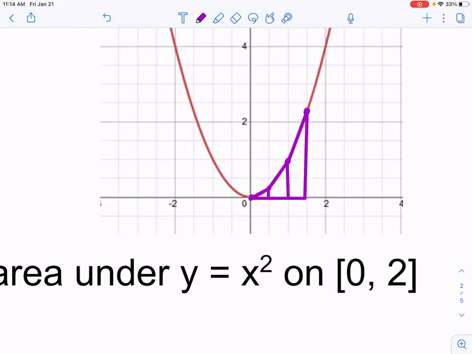Kylie's got it. Well, the first one, yes, looks like a triangle. What do you think? Do you think this will be a little bit more accurate? Seems that way, right?